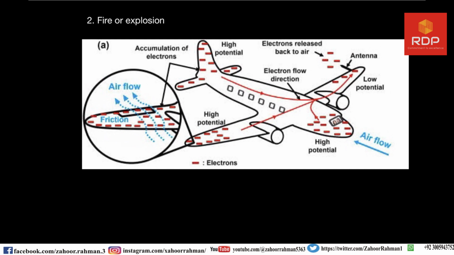It can produce damage to the aeroplane if it is not released to the air. So there is an antenna which you can see on the right side of the aeroplane wing. That is the main part through which we release electrons back into the air and minimize the damage.